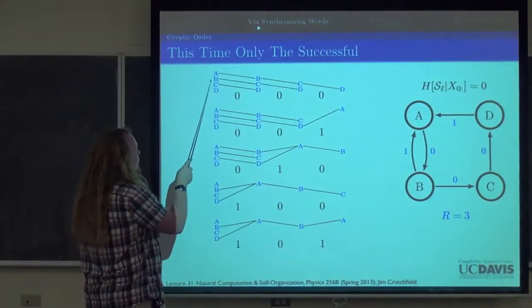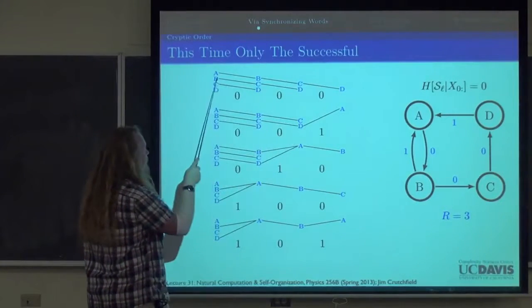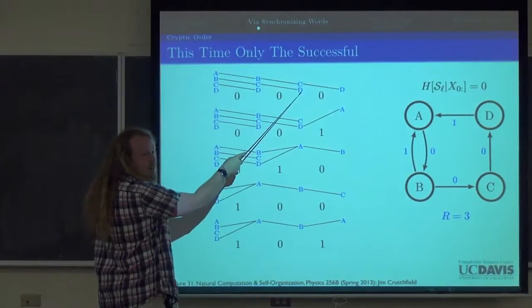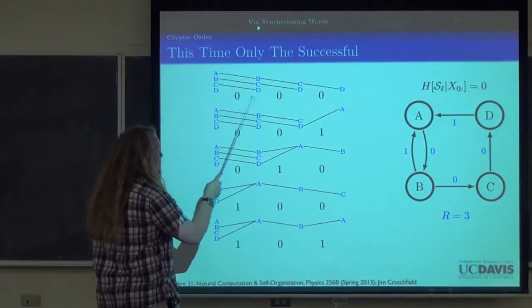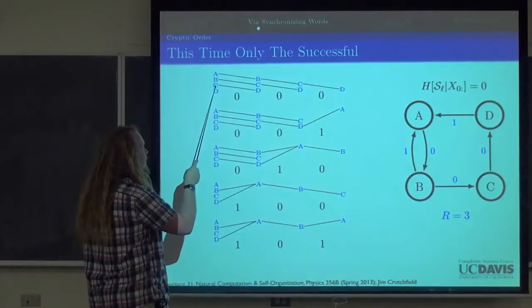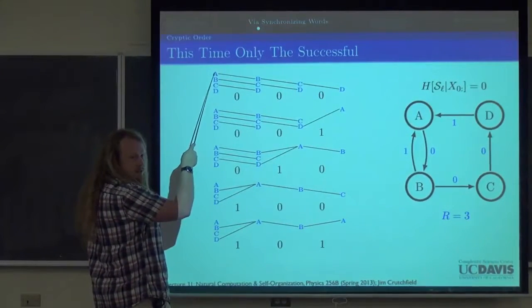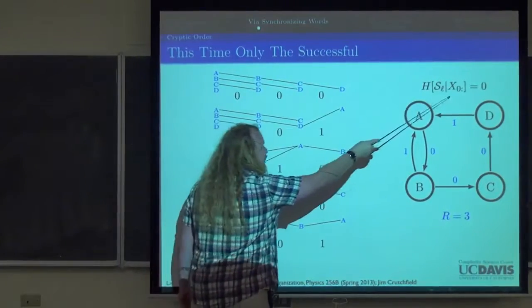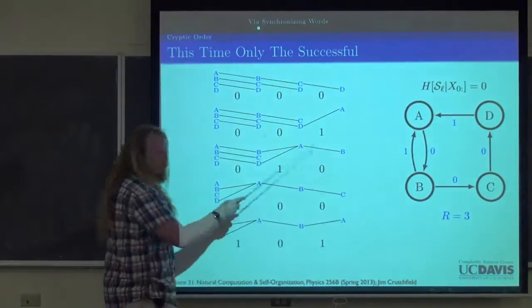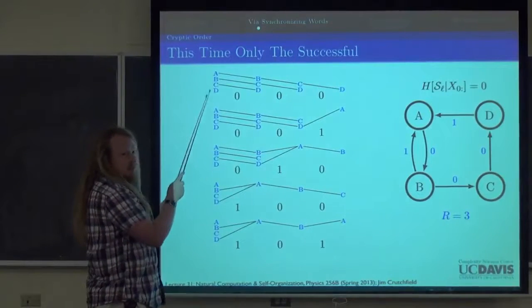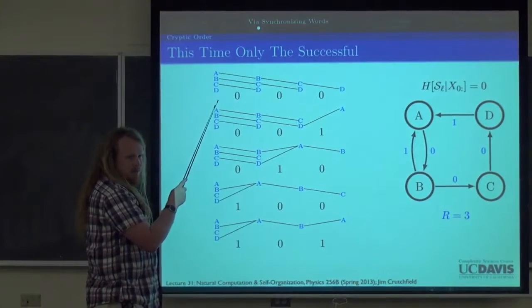If I'm going to see a 0, 0, 0, I can't start in B because this path dies here. And if I'm going to see 0, 0, 0, I can't start in D or C. I have to start in A. So conditioning on what word I'm going to see going forward will limit what states I can start in. Does that make sense?